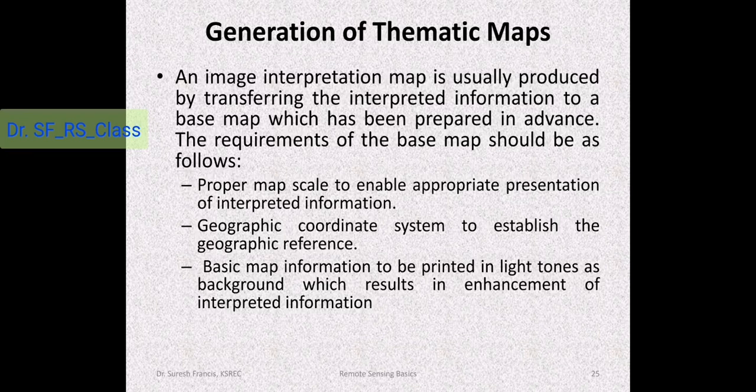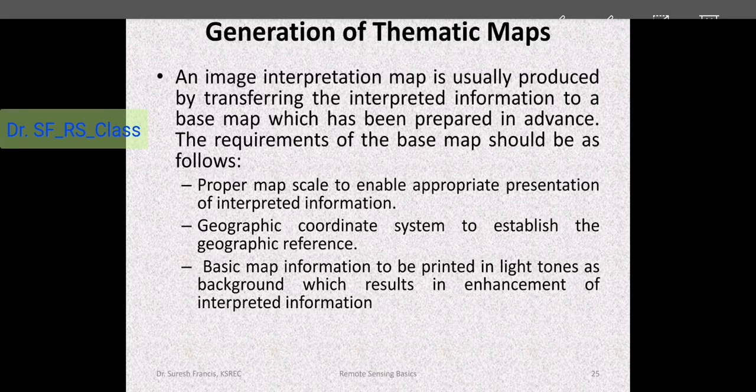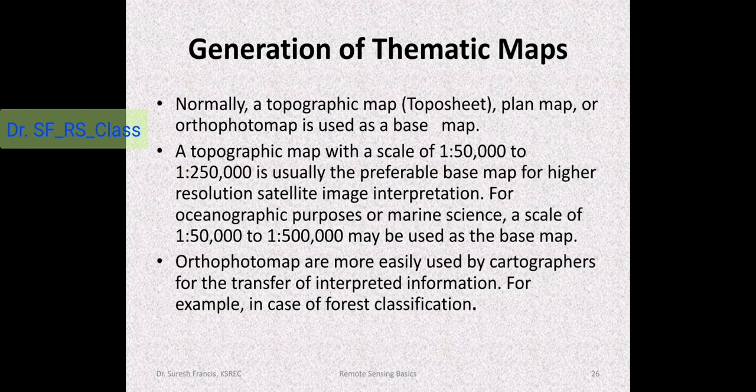So the base map should be at the back, where you are keeping all these interpretation details. In the earlier case, the base map was prepared from orthophotos or from other aerial photographs. But presently we have Survey of India topo sheets, and topographic sheets at scales of 1 is to 50,000 and 1 is to 25,000 are available.